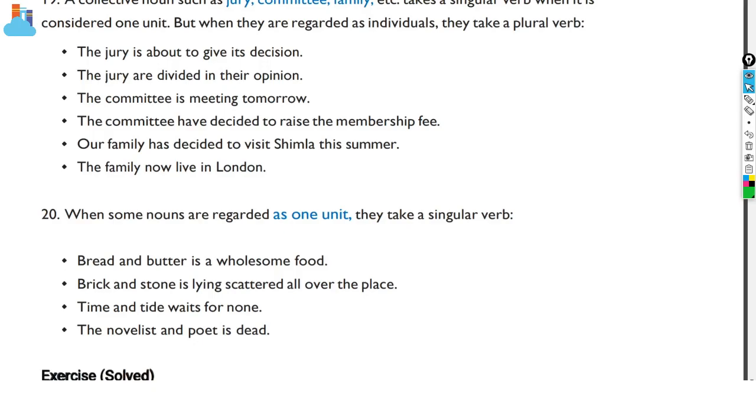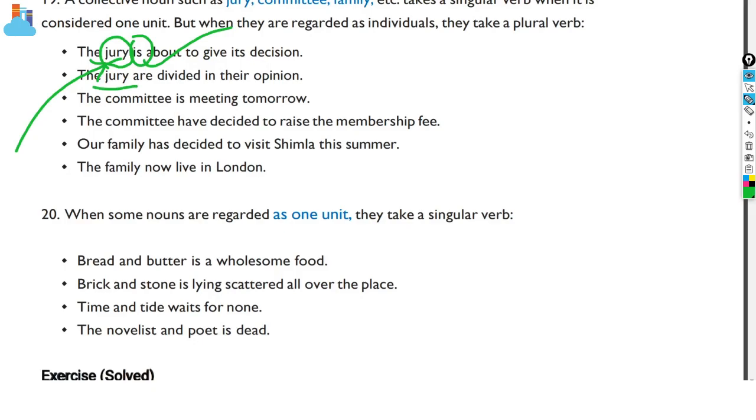So let us see the rule. The jury is about to give its decision. ये देखिए, jury means it is the collective decision. The collective person we are talking about, the decision also will be collective. Means it is the single entity, it is the single concept. Therefore, it is taking is, not are. इधर देखिए, the jury are divided in their opinion.